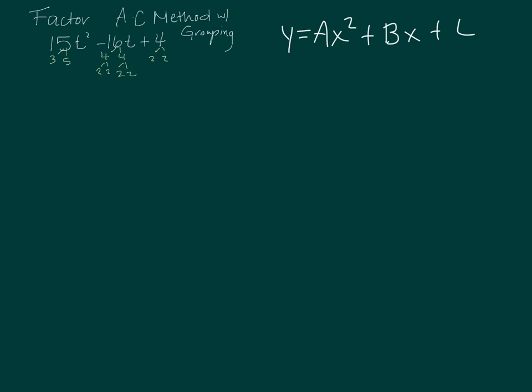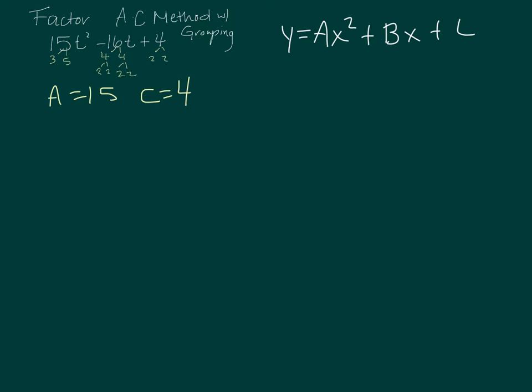So the first thing that I need to do is figure out what those numbers are in my original trinomial. In this case, A is 15 and C is 4. So I'm going to note that A is 15, C is 4.